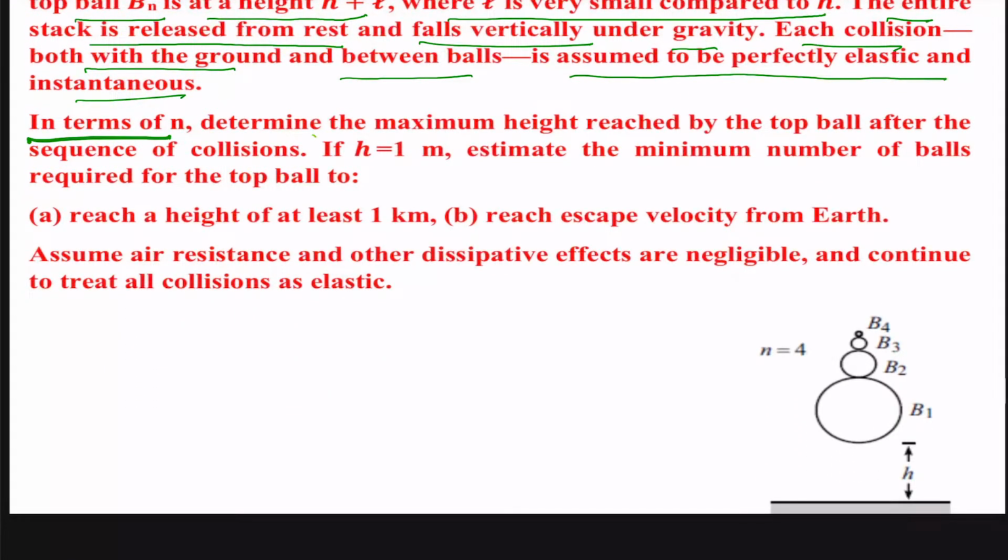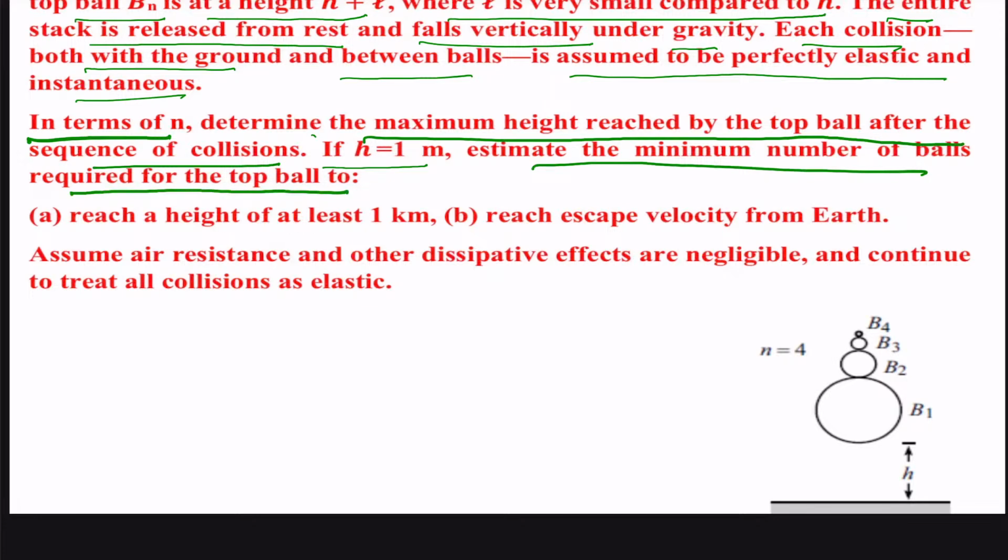In terms of n, determine the maximum height reached by the top ball after the sequence of collisions. If h is equal to 1 meter, estimate the minimum number of balls required for the top ball to reach a height of at least 1 kilometer, and part B, reach escape velocity from the earth.